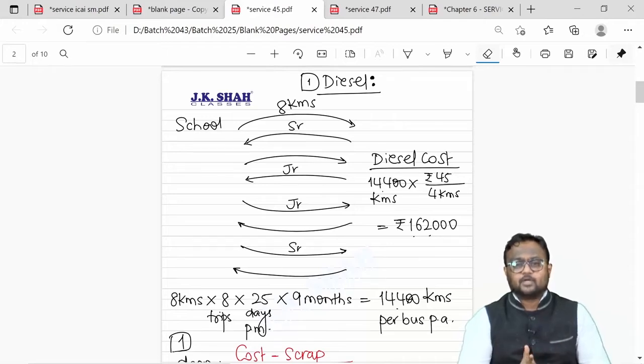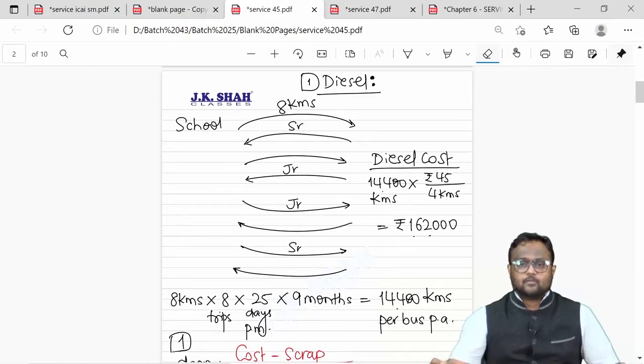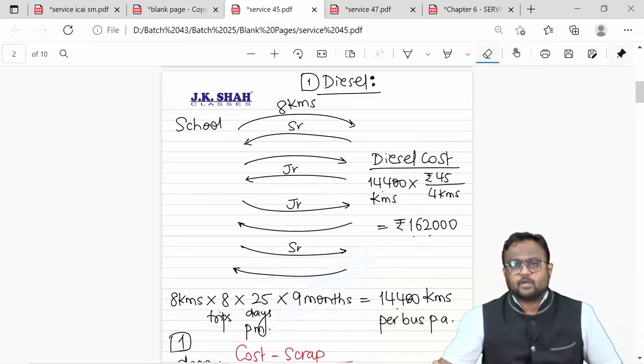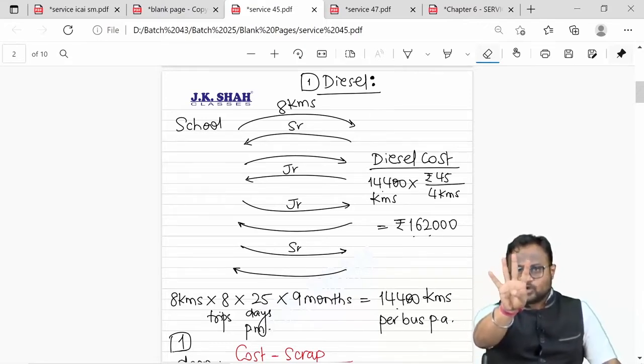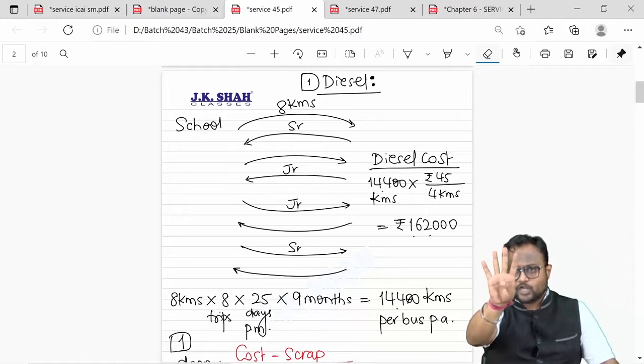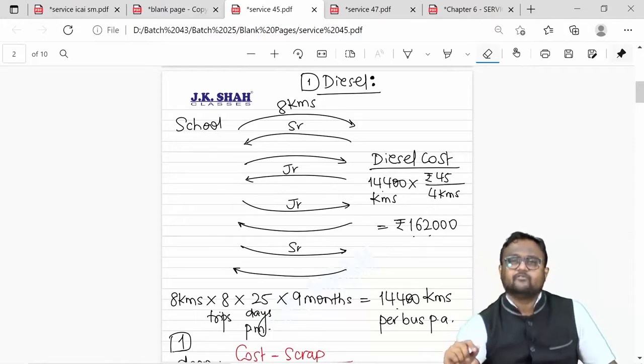14,400 kilometers per bus per annum is what you are covering. Your diesel cost was given to be 45 per litre. In 1 litre you travel 4 kilometers. So basically for 4 kilometers you are spending 45.